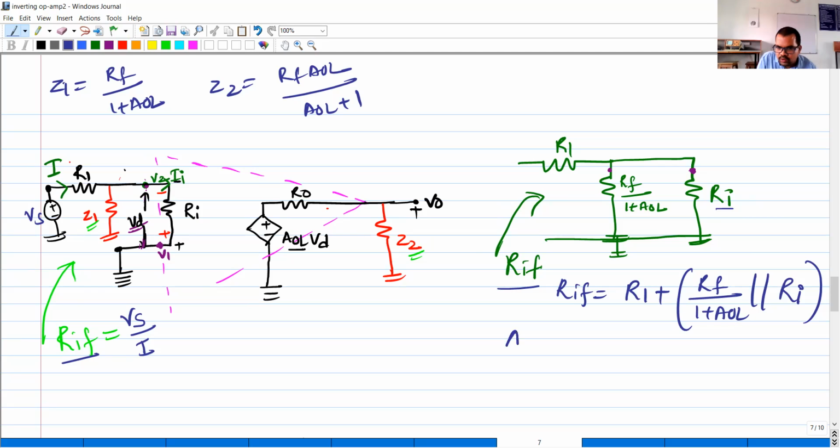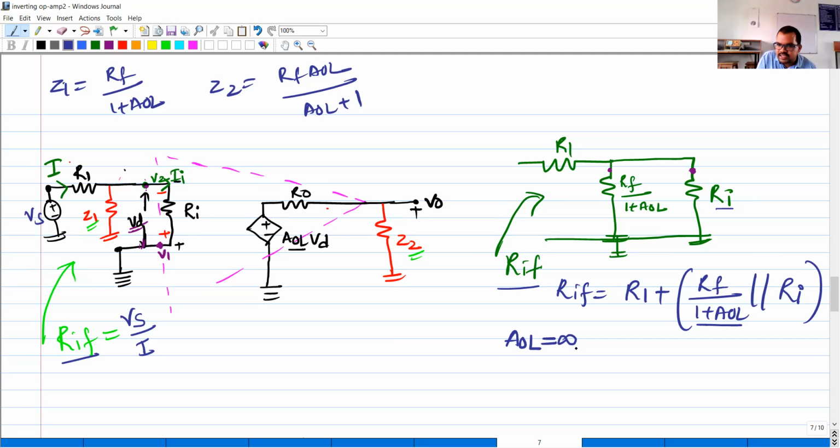Now we know that AOL is the open loop gain, and the open loop gain is infinite. Because AOL is infinite, something divided by infinite is 0, and 0 in parallel with Ri is 0.